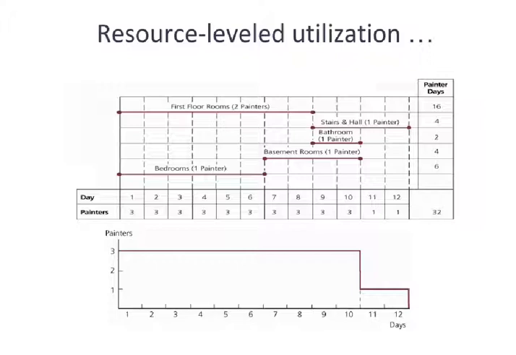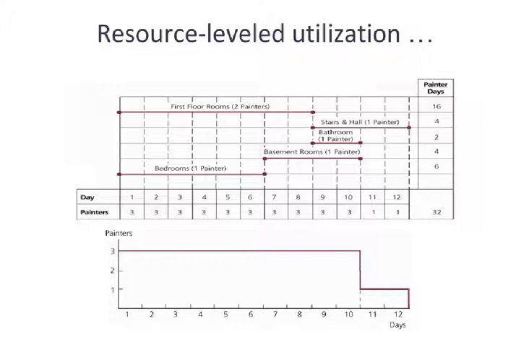The goal here is to balance or level the resource utilization by removing, if necessary, positive slack within activities, but items with negative slack or no slack can't be touched because those are already limited. We can't do anything. If they have zero slack, then they already only barely get done by the completion of the project. Obviously, if we have negative slack, then we're not even finishing the project on time.